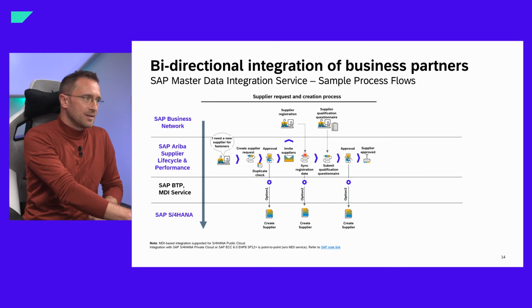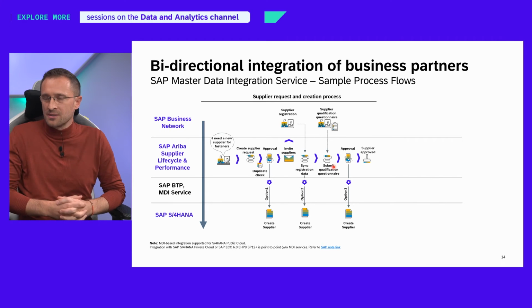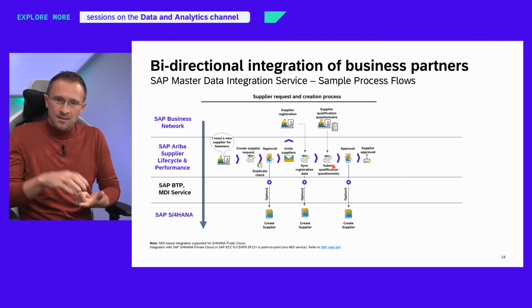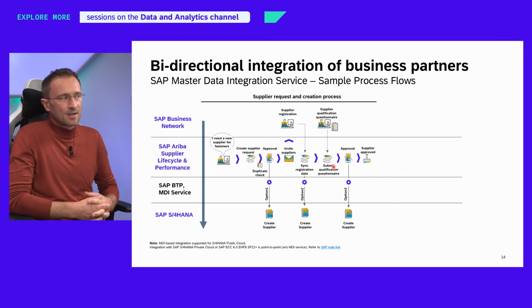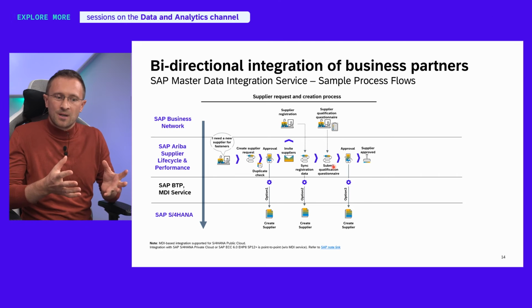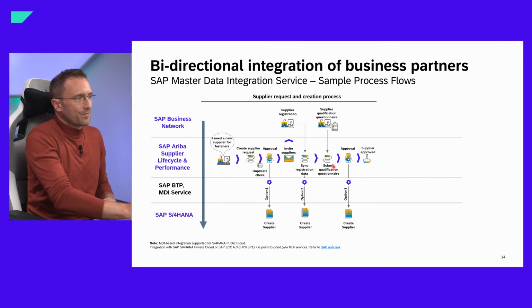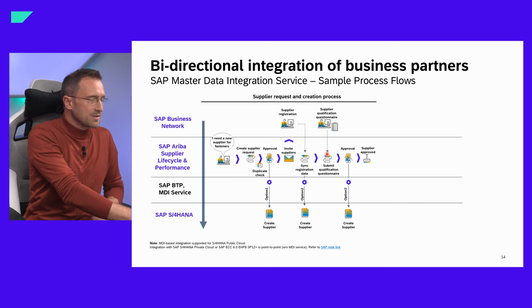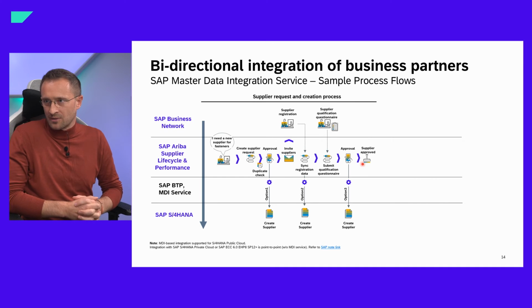Once this is done, it's possible to deposit specific qualification questionnaires where you basically ask your supplier, hey, please fill out for a specific region, for a specific product category, and you are able to qualify that supplier much more specifically for the needs that you might have. So again, the collaboration happens between the Business Network and SLP, and once approved, this is basically the point in time when you have a supplier that can be used in transactions.